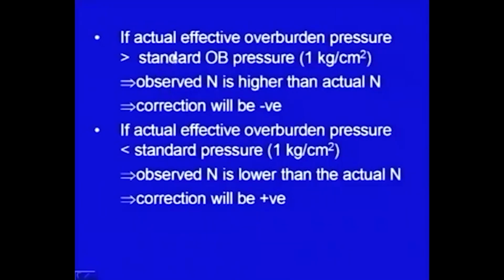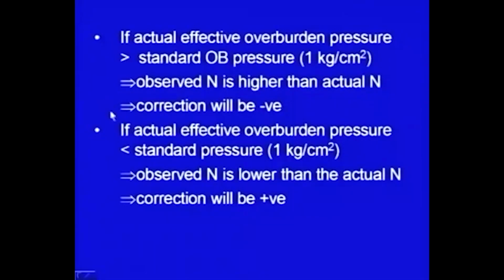Now, if the actual effective overburden pressure is more than this, which will happen at higher depth, observed n value will be higher than the actual n. This I have already discussed. At higher depth, observed strength will be more. So, observed n will be higher than the actual n. So, the correction in this case will be negative.